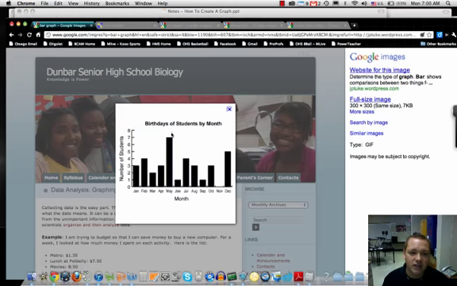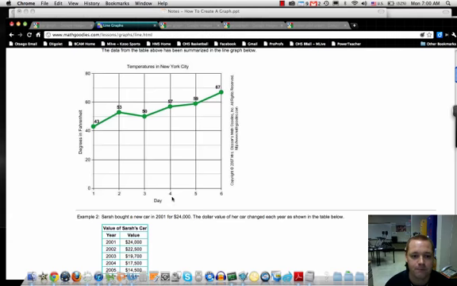Okay, taking a look again at the birthdays of students by month, you'll notice right across the bottom there isn't a numbered sequence, but on the y-axis there is. And you'll notice that it goes from 0 to 1, 1 to 2, 2 to 3. So this follows a pattern of an even increase of 1 per unit. Let's look at a line graph.